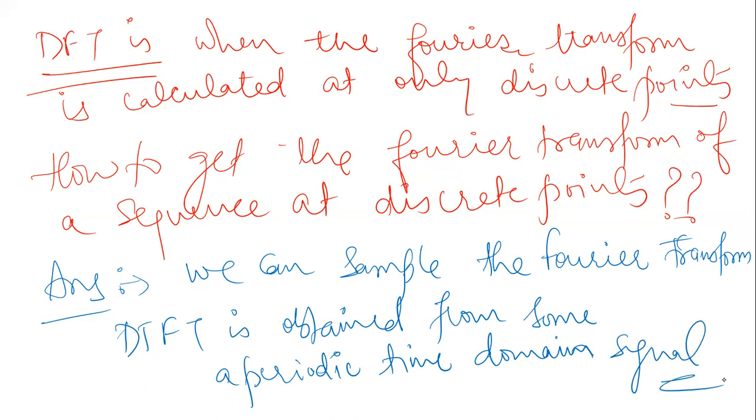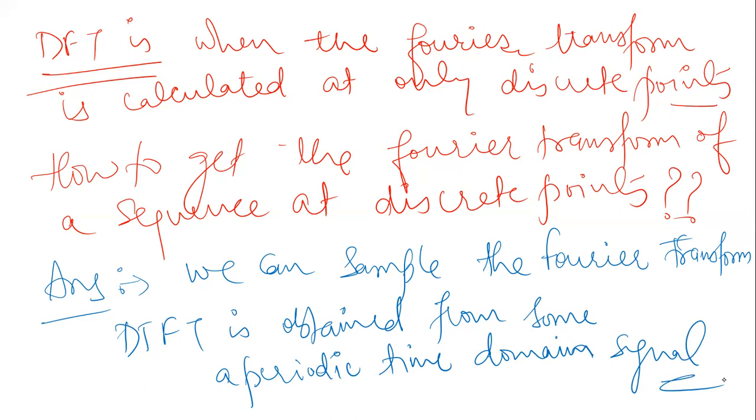So from this we can have DTFT, but DTFT is continuous in nature, as we already discussed in the previous slide, that the range of summation is from minus infinity to infinity.